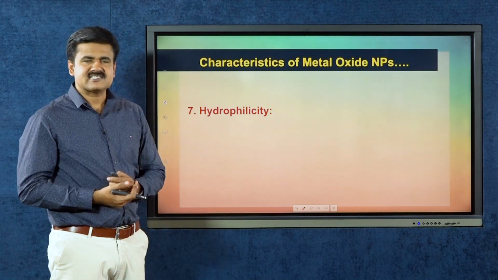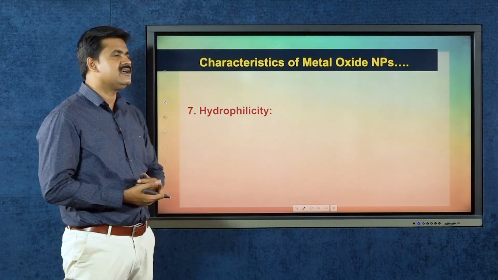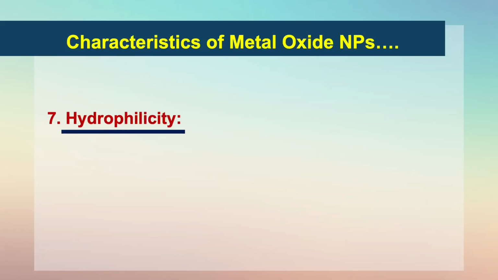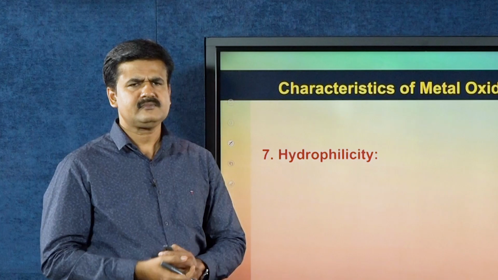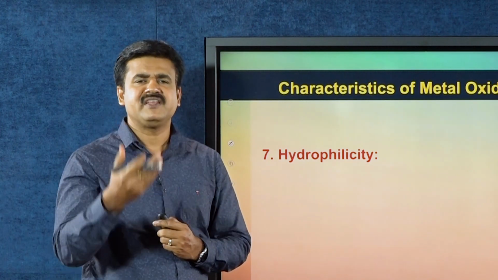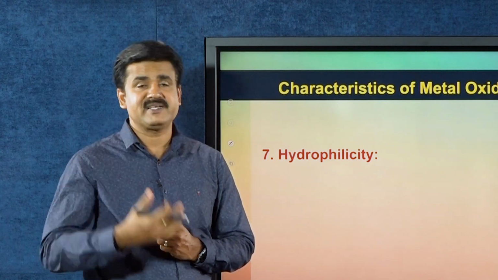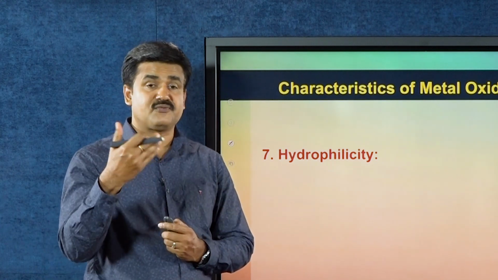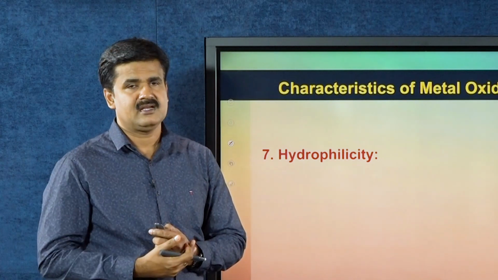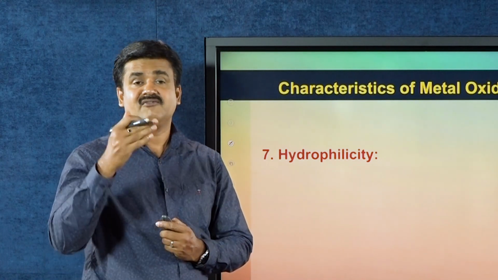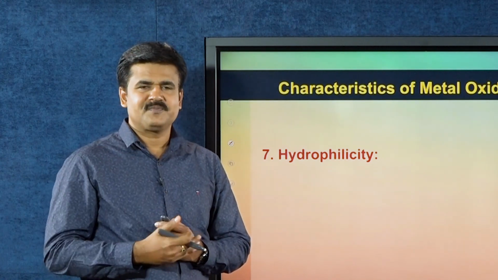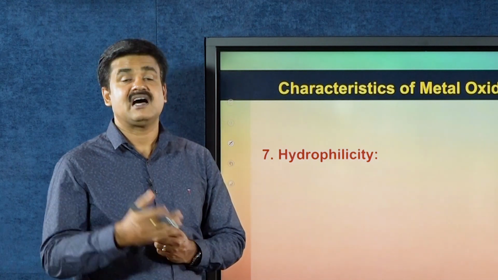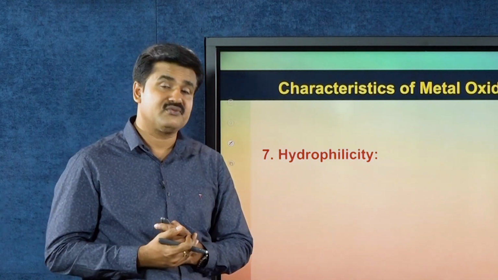Another characteristic feature of metal oxide nanoparticle is its hydrophilicity. What do you mean by hydrophilic situation and hydrophobic situation? The term phile represents loving. Hydrophilic means water loving. So, the metal oxide nanoparticles are in general hydrophilic.